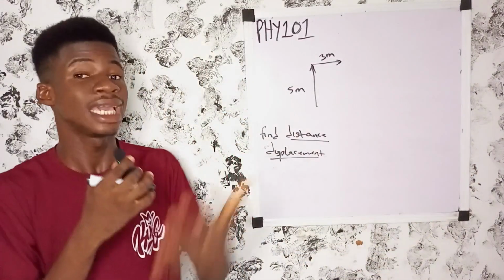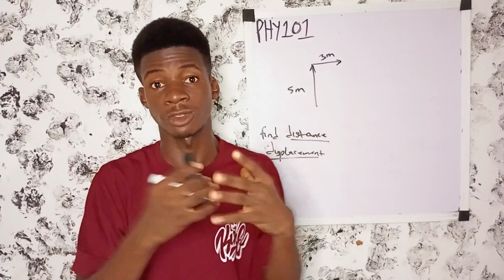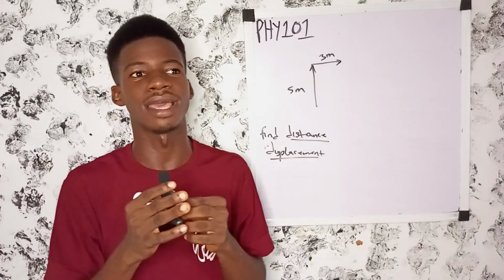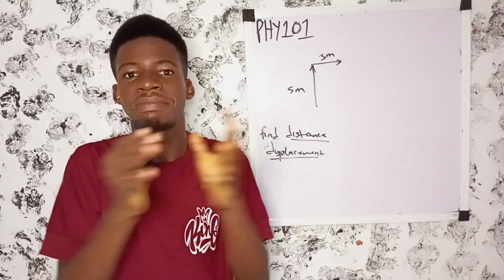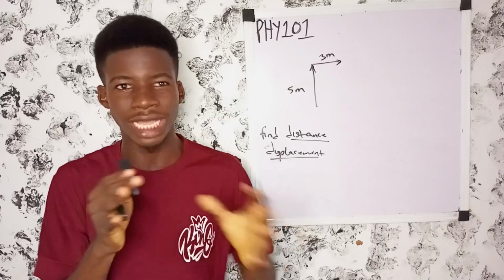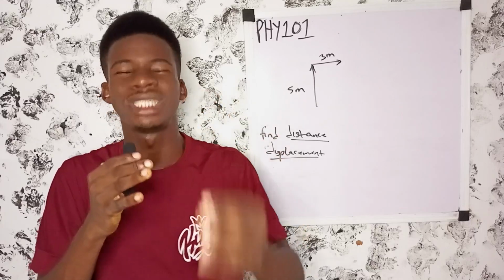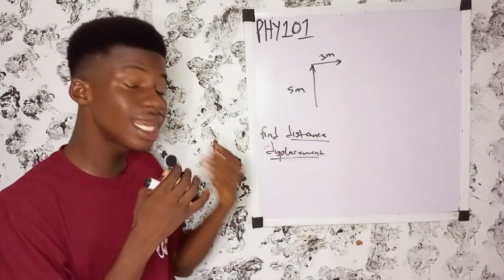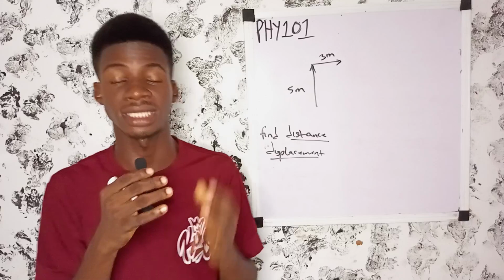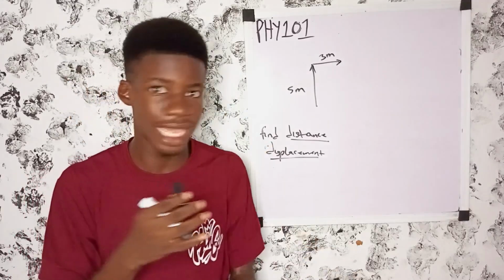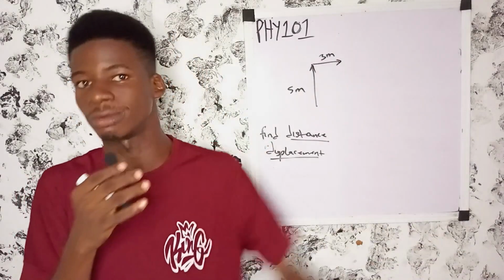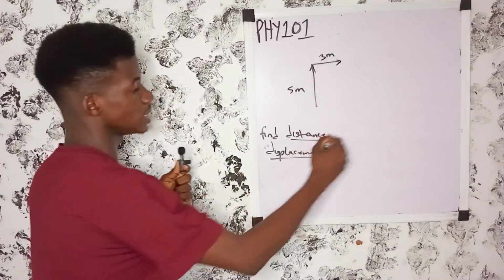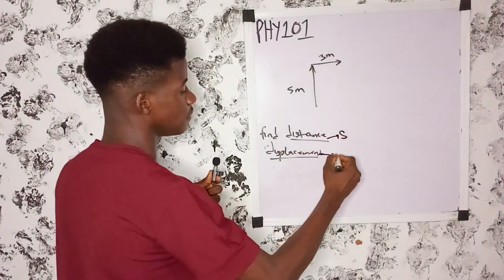Vector quantities cannot be solved with simple arithmetic, but scalar quantities can; you can easily add or subtract them. Of these two quantities, one is a scalar quantity, while the other is a vector quantity.